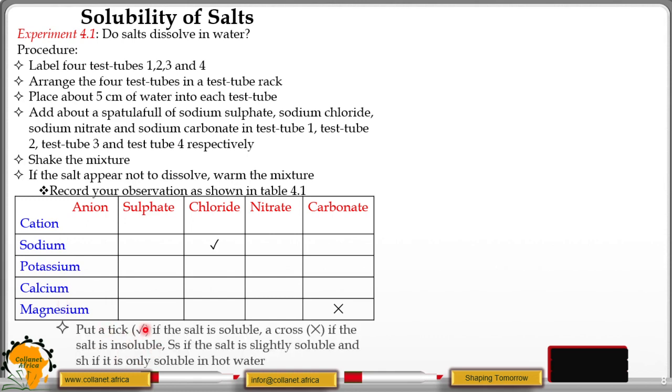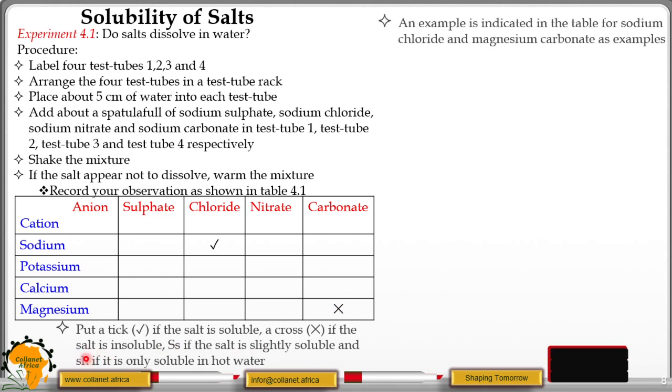So you put a tick if the salt is soluble. In this case, sodium chloride is a soluble salt, and that's why you have a tick there. If it is not soluble, you put a cross. The carbonate of magnesium is not soluble, and that's why you have a cross there. If the salt is slightly soluble, you put SS, and if it is also soluble in hot water, you put SH.